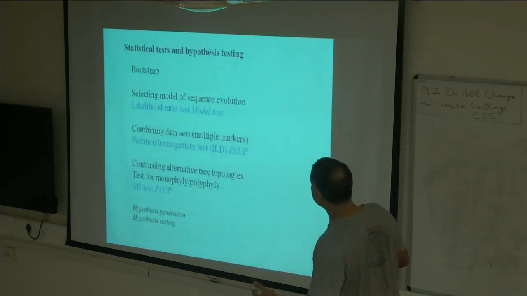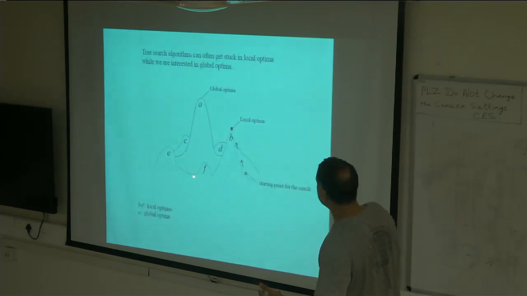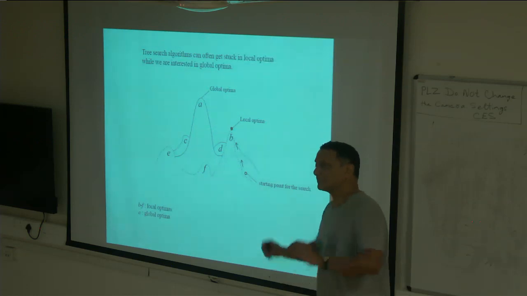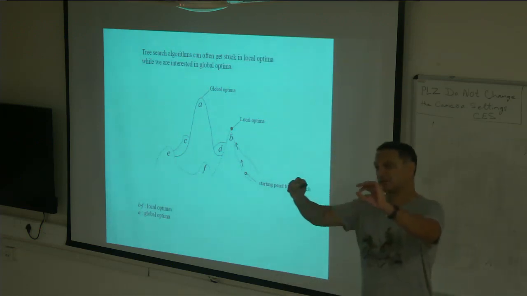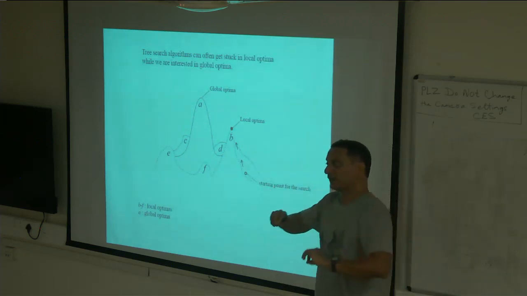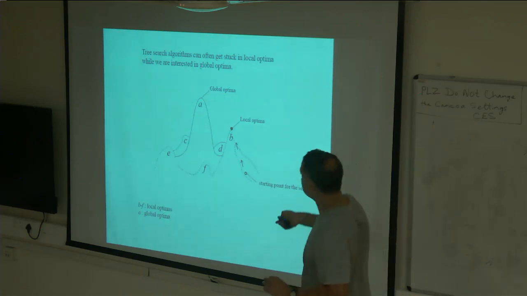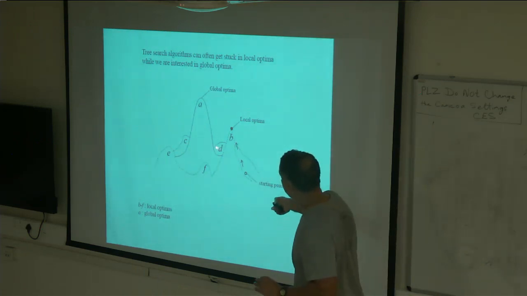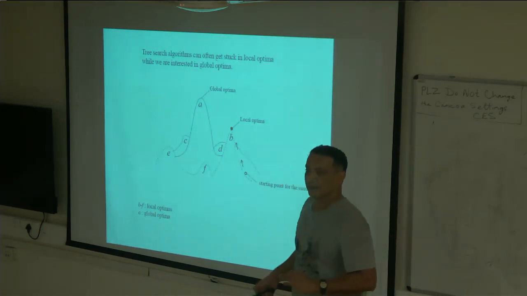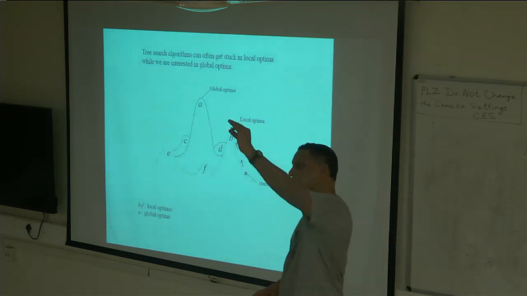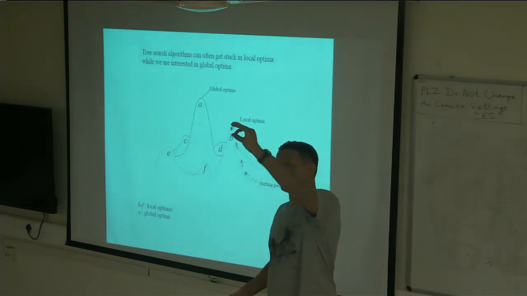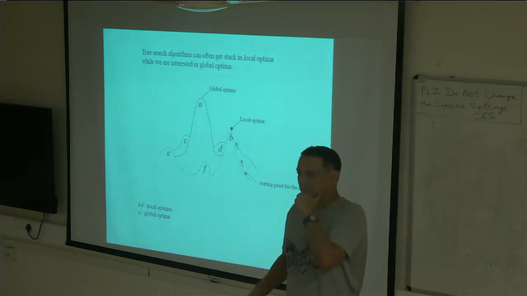So the idea really is that you are running 10 different heuristic searches. Each time the starting tree starts from a different part of the landscape. And hopefully one of those searches will take you to the optimal tree. Okay?